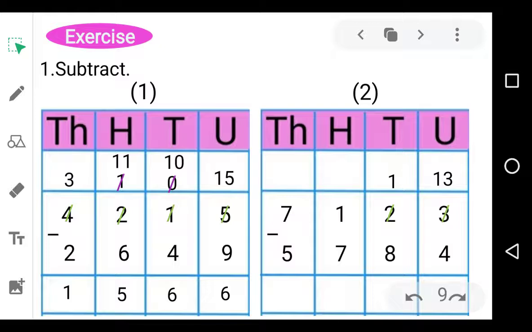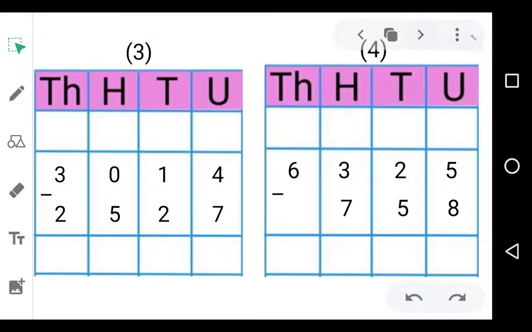So we borrow 1 from the 100 place. At the 100 place 1 will be 0, and at the tens place 1 will be 11. 11 minus 8 is 3. Now at the 100 place we cannot subtract 7 from 0. So borrow 1 from the 1000 place. At the 1000 place 7 will be 6, and this 0 will be 10. 10 minus 7 is 3, and 6 minus 5 is 1. So here we get the answer 1339.